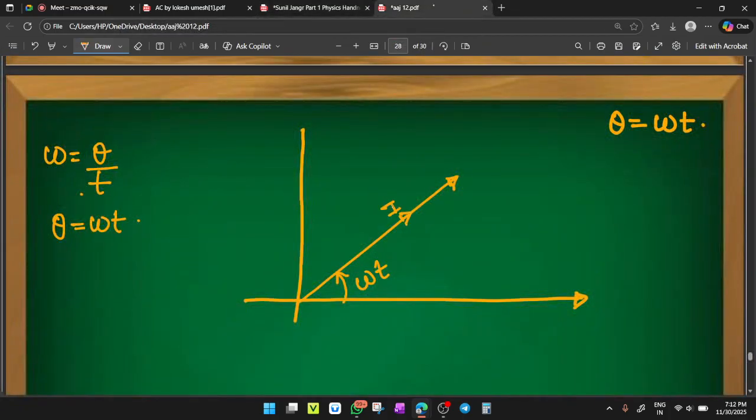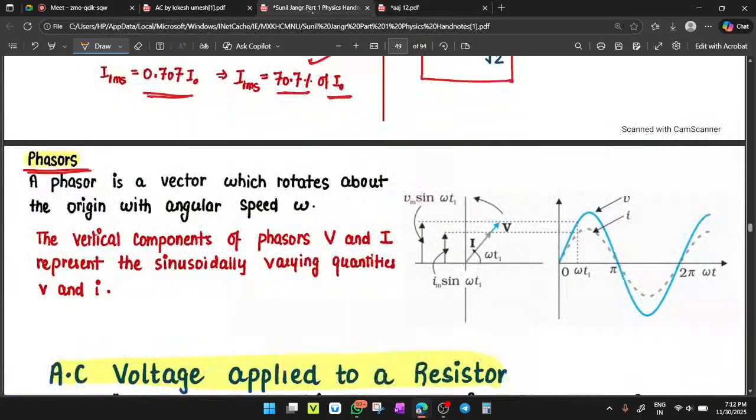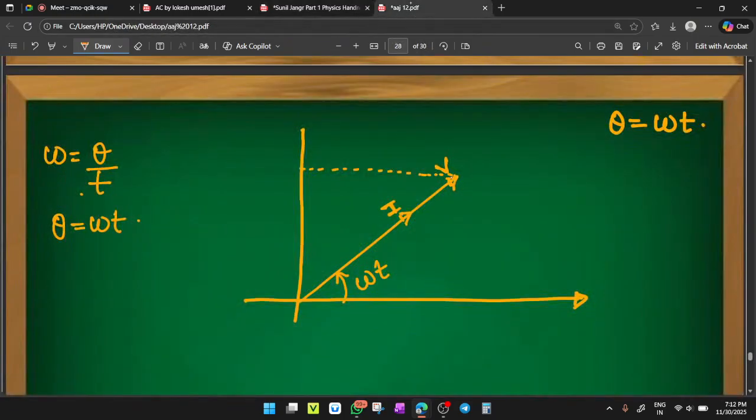This is the magnitude of current I and this is the magnitude of voltage V. Clear? So the vertical component will give the value. The vertical component of the phasor becomes V maximum sine omega t. The full length of the vector is equal to V maximum.